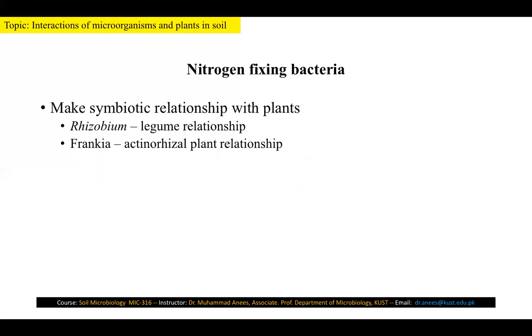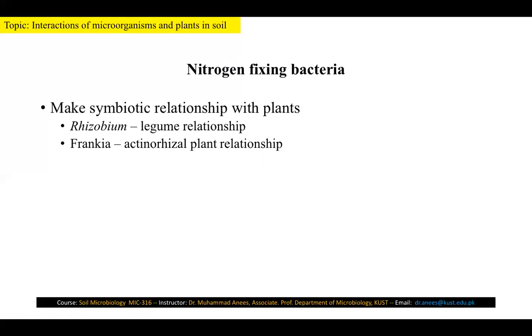Symbiotic relationship means the relationship in which both the partners get benefit out of the relationship. Both partners means both the microorganism and the plants. Nitrogen fixing means these microorganisms fix nitrogen from the atmosphere into the soil.